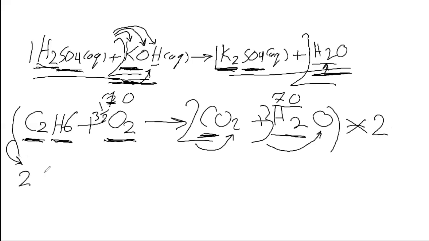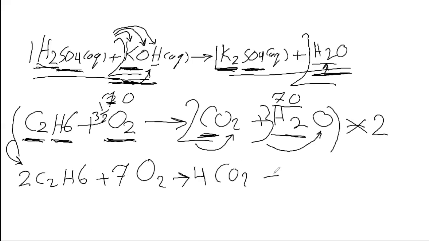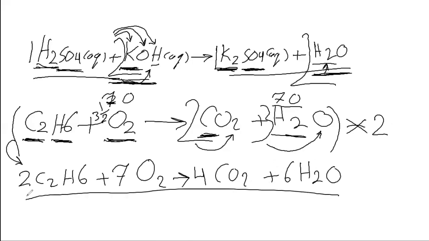So here will be 2 C2H6, plus 3.5 times 2 will give you 7 O2. Here, 2 times 2 will give you 4 CO2. 3 times 2 gives you 6 H2O. And this is the balanced chemical equation. As I said, don't forget, we don't need any fraction to show up in the chemical equation at the end.